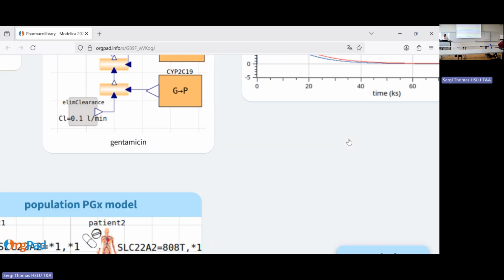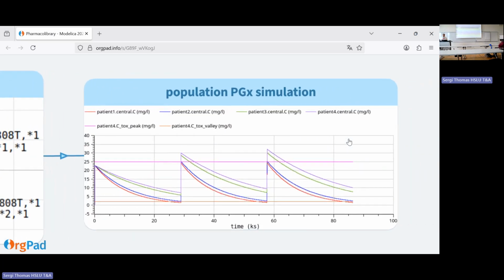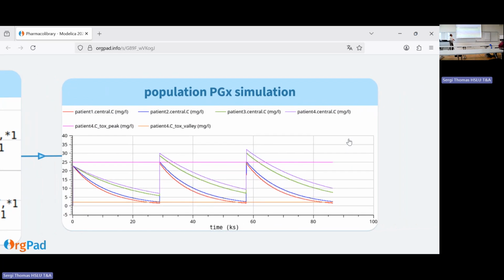But if you have 4 patients with the same condition, you are treating them with the same drug, you get different results. So, for example, the normal patient on the right never reached the toxic level of the drug, but the other patients reach the toxic level because they differ in the genes.